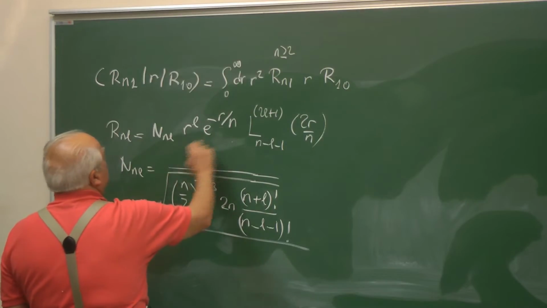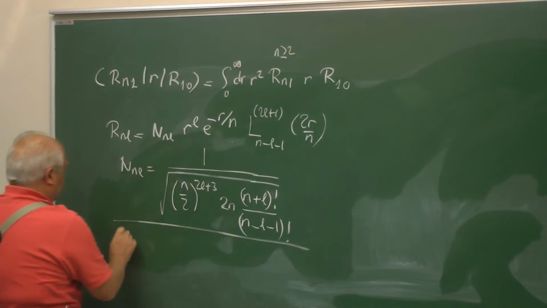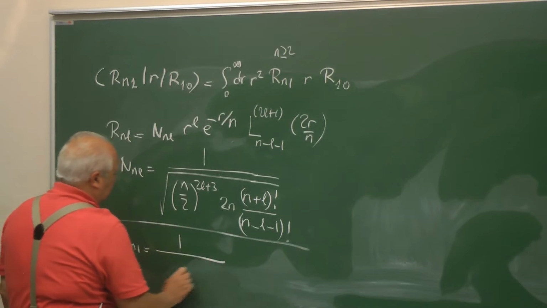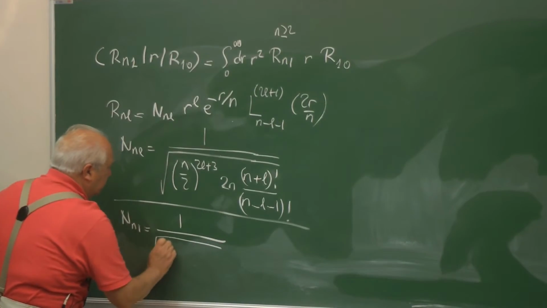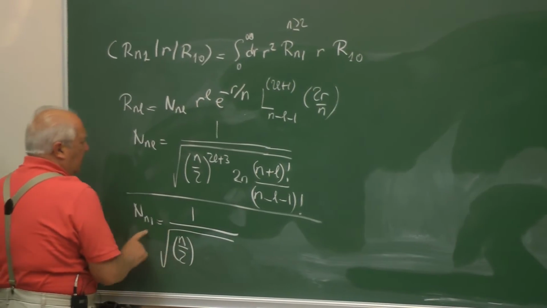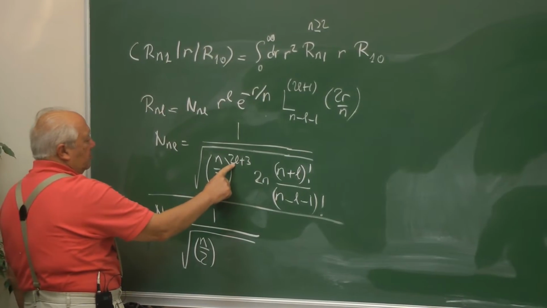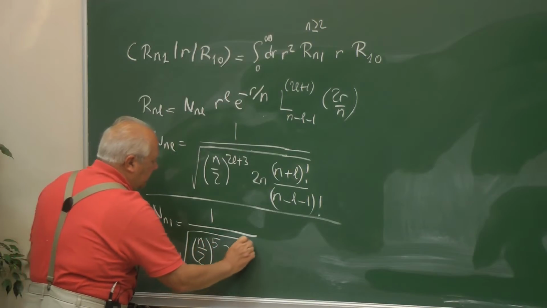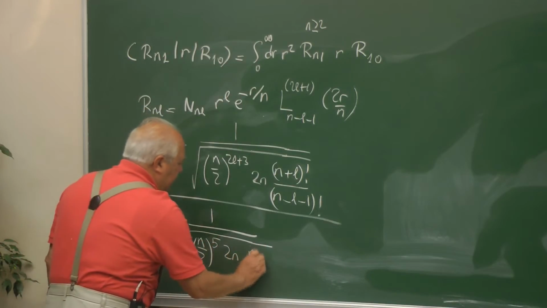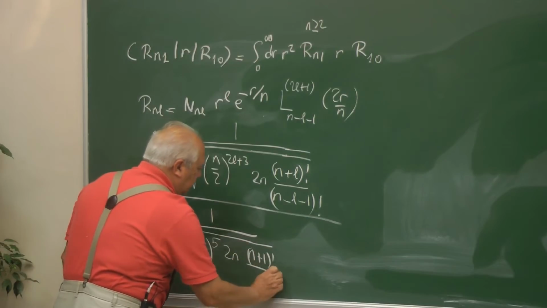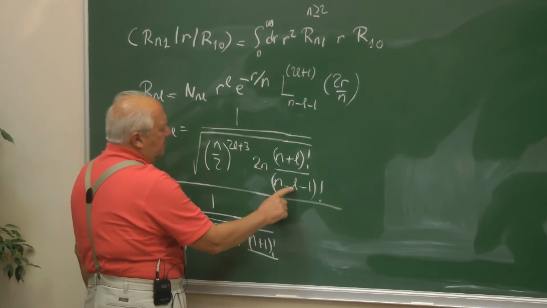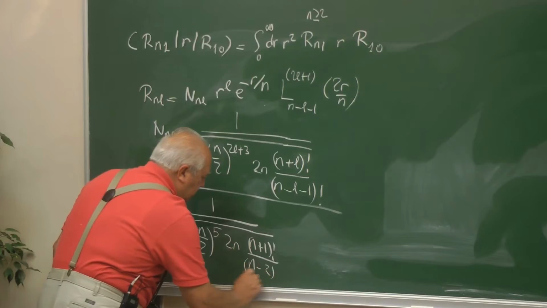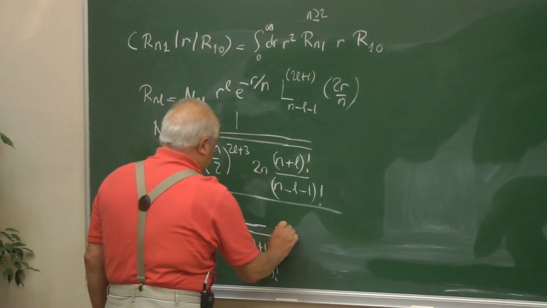Let's begin with n1. N n1 equals the square root of (2 over n) to the 3, and l is now 1, so it is 2 times 1 is 2, so it is 5, then 2n, n plus 1 factorial divided by n minus 2 factorial.